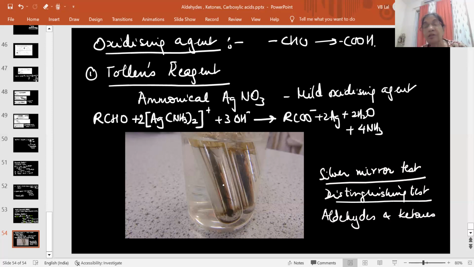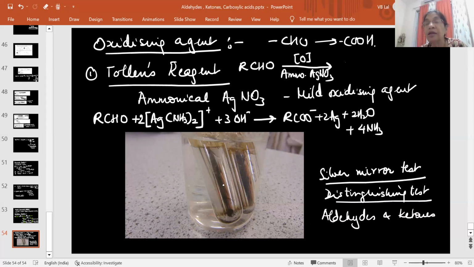The easy way of writing is, supposing you forget this reaction, then at least you will get half a mark, if not the full mark. You can write RCHO, and on the arrow, I told you, you can save yourself a lot of trouble of balancing if you write the reactants on the arrow. So here you write O, which shows oxidation is happening, and here you write Tollens reagent, ammoniacal AgNO3, ammoniacal silver nitrate.